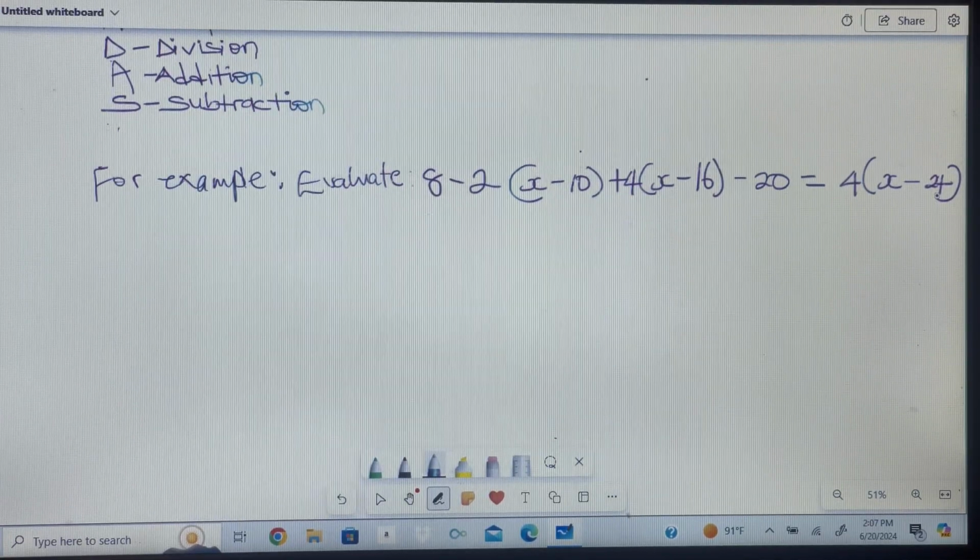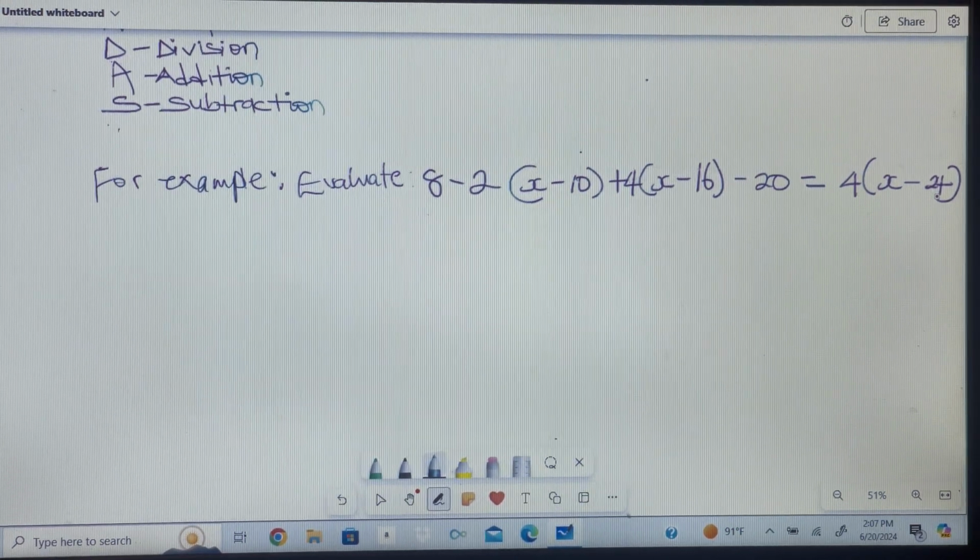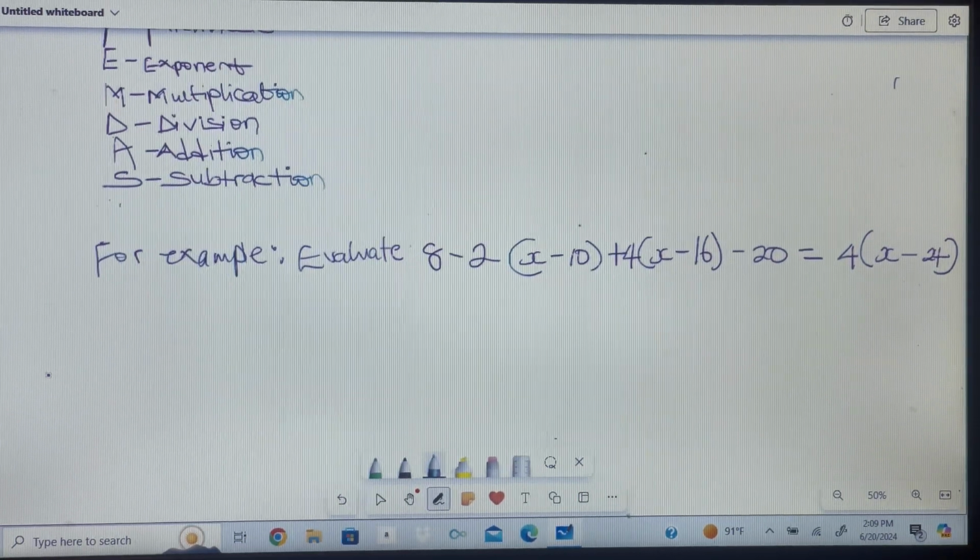So when you're given an algebraic expression as given above, you evaluate it. First of all, clear the brackets, that's the parentheses. Bringing down the 8 minus, then we have 2 outside the bracket that has x minus 10.